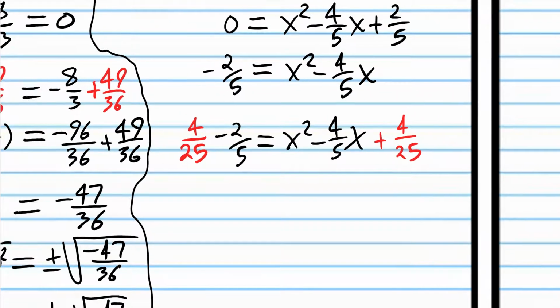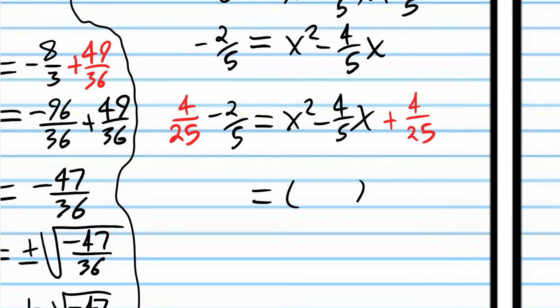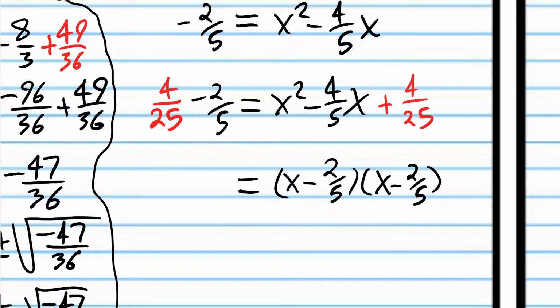All right, so now we have a perfect square over here, and we're just going to factor that. And we have x, and remember, this number is always the coefficient of x divided by 2. So we already figured out that's 2/5. Again, you got 4 over 10 when you divided by 2, but you reduced it to 2/5, so don't be confused by that.